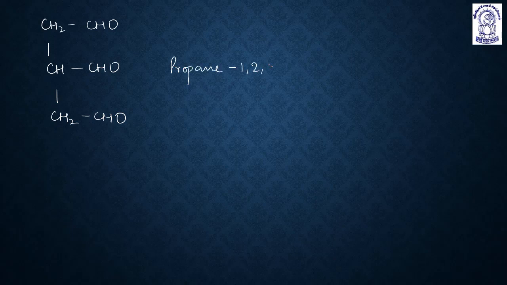Propane 1, 2, 3 tricarbaldehyde. Okay, these rules are for polyfunctional compounds. You cannot take the carbon chain like this 1, 2, 3, 4, 5. You will miss this group. So in writing this, you have to take this carbon as a parent hydrocarbon chain.